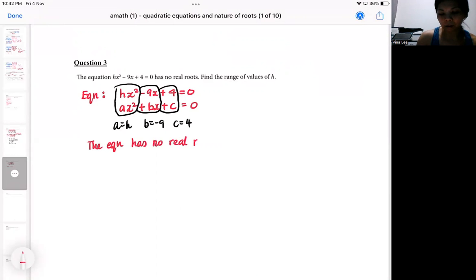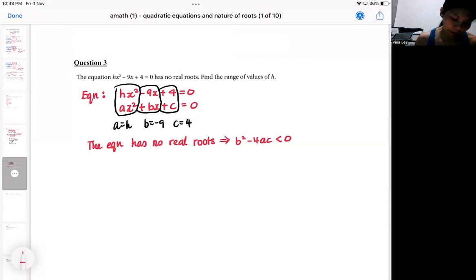So what is the indication about no real roots? Why will you end up with no answers for x? Your discriminant is actually negative. Because of a negative discriminant, you couldn't take a square root, so you can't get any answer for x. No roots means no answers for x.